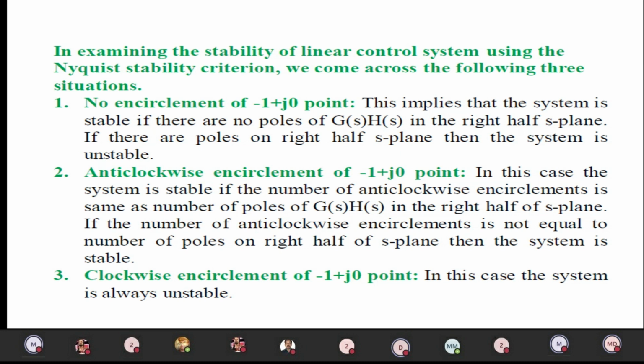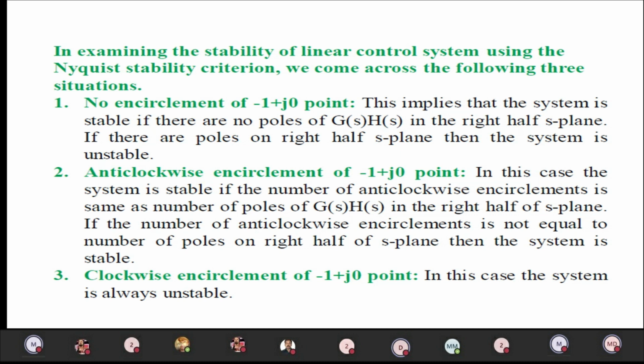Here it will be the upward arrow, and then C2 will be the semicircle which encircles the entire right half of the s-plane. The radius will be infinity for this, so the phase angle varies from +90 to -90.